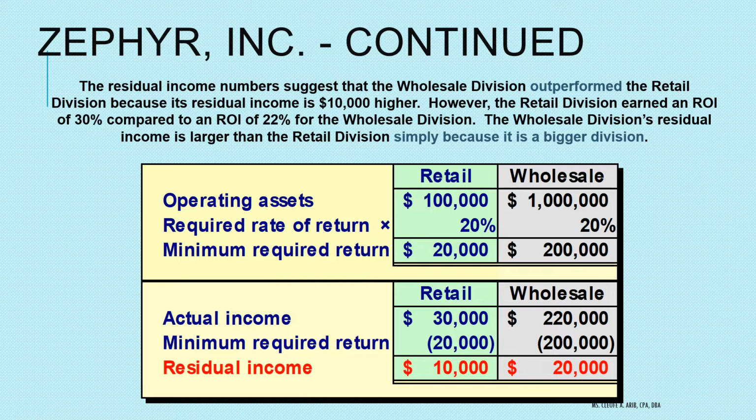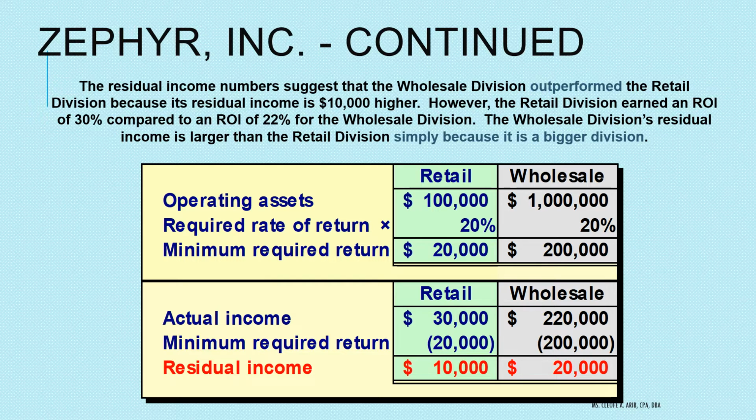O, balikan natin yung formula for the computation ng ROI. So, income of 30,000 divided by your operating assets of 100. So, 30 divided by 100, that's 30%. For wholesale naman, the 22% is computed as follows. Income is 220, operating assets is 1 million.